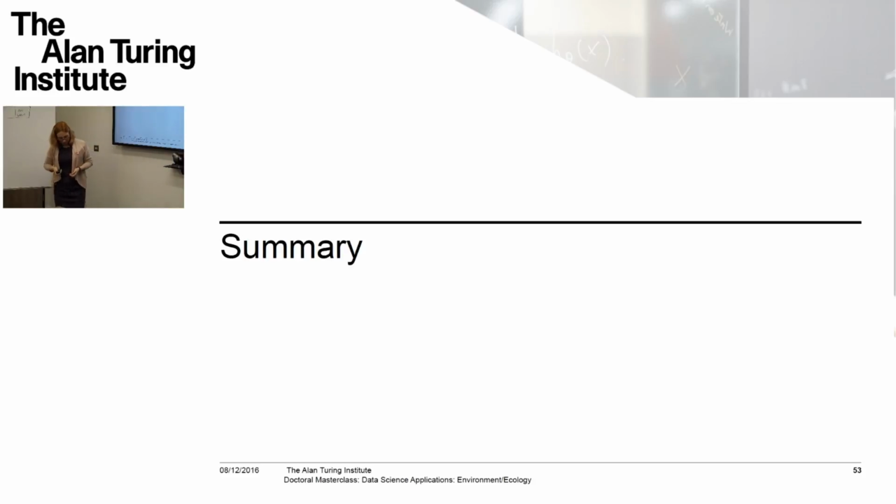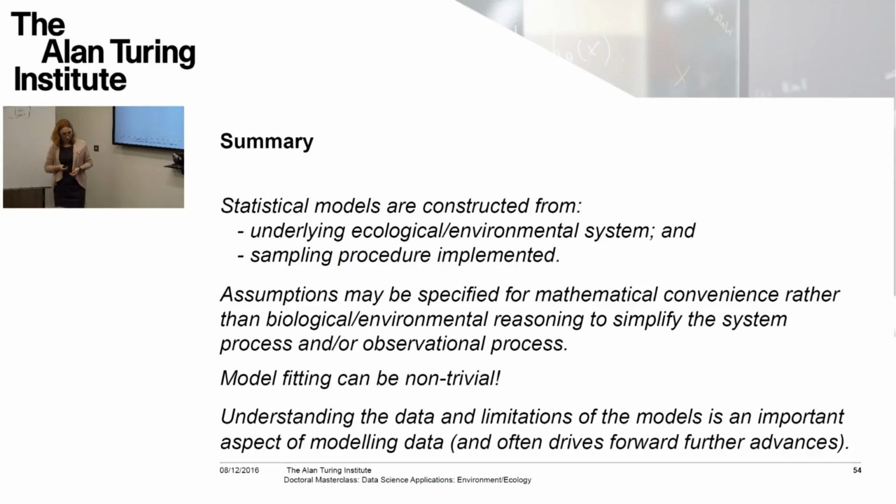So that's a whistle-stop tour of some applications, some things that can arise within the environment, particularly the ecological side of things. Just to emphasise, there are two processes to think about. One is how, given the data and the data collection process, you build a statistical model. And you need to think about the assumptions that you have made and the data collection process in order to build it.